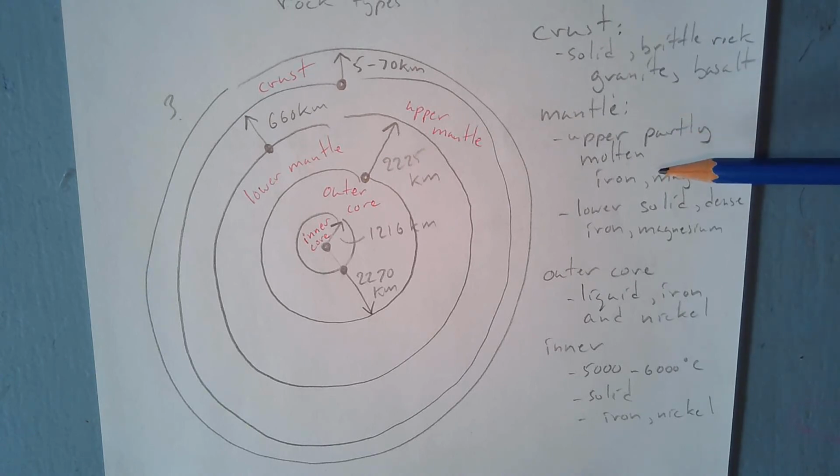This term molten means it's a semi-liquid, so think of it as toothpaste. Here you're looking mostly at iron and magnesium. The lower mantle is the same, iron and magnesium, but more in a solid phase.